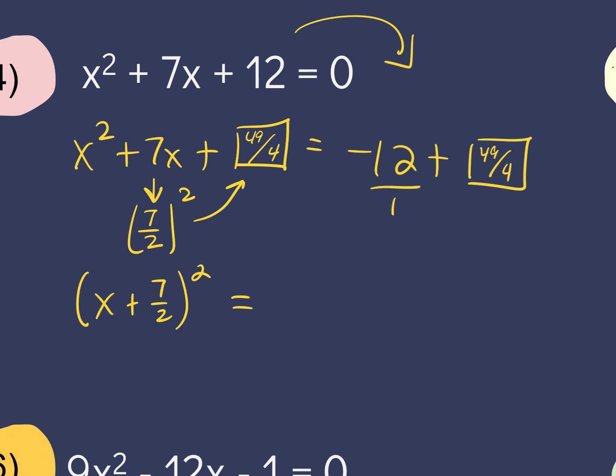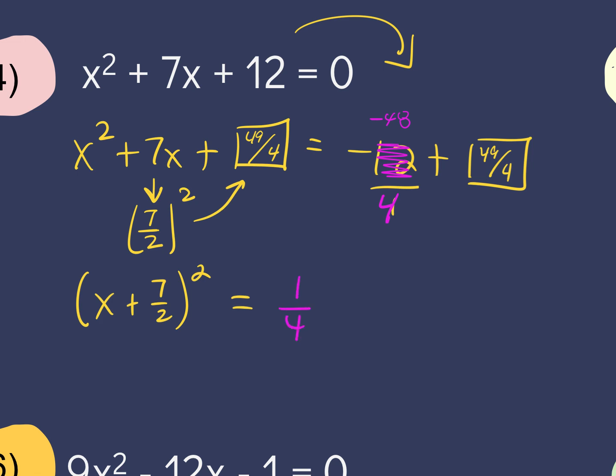If I was going to change 12 over 1 into fourths, what would I multiply by? 4. So I have to multiply the bottom by 4, then I multiply the top by 4. What's 12 times 4? 48. Okay, so negative 48 over 4 plus 49 over 4, which would be 1 over 4.